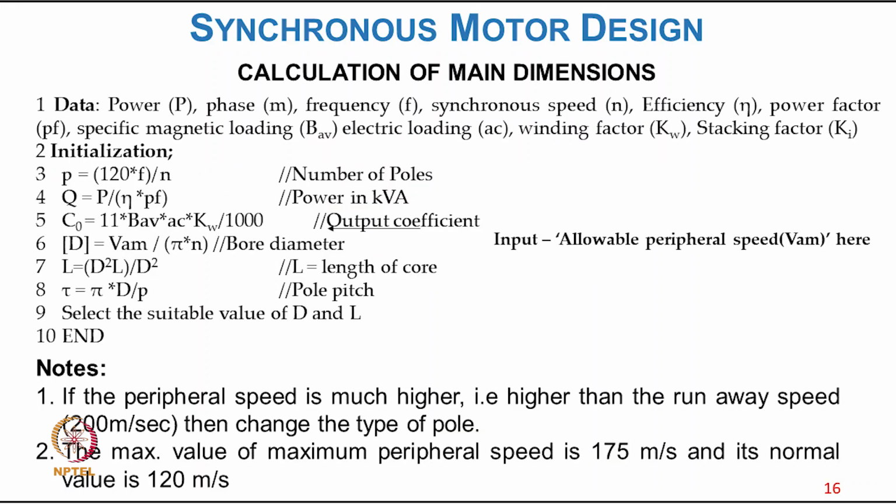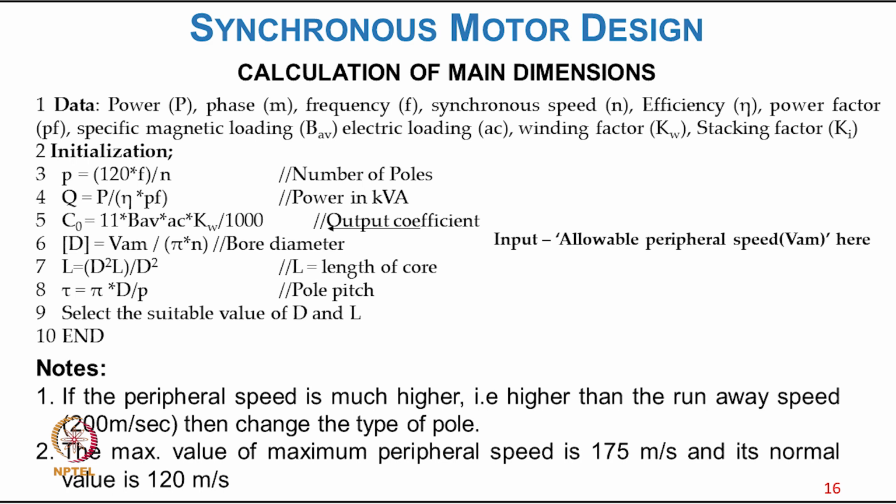Now coming to synchronous motor design by analysis method. We use the computer only for calculation of the main dimensions. Data given: power, phase, frequency, synchronous speed, efficiency, power factor, specific electrical loading, magnetic loading, winding factor, stacking factor.